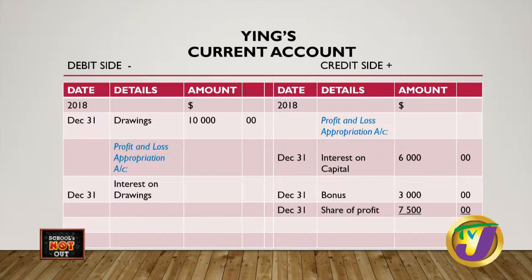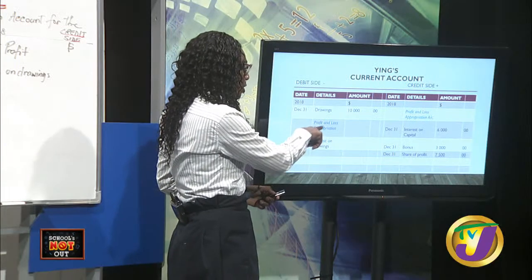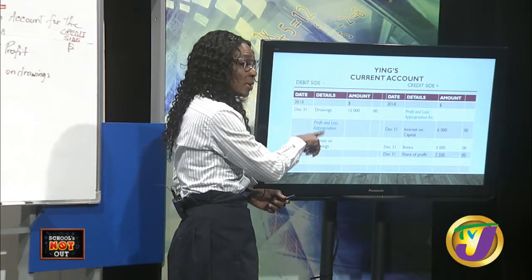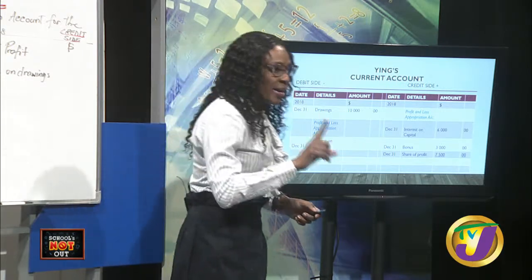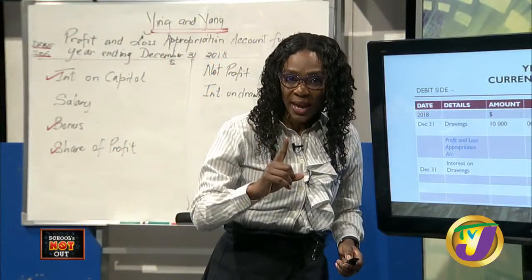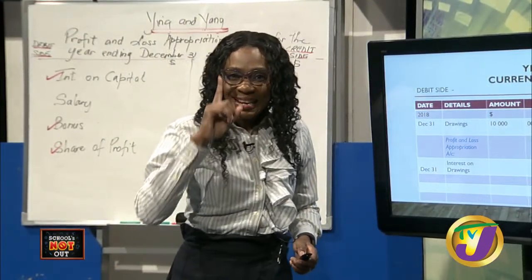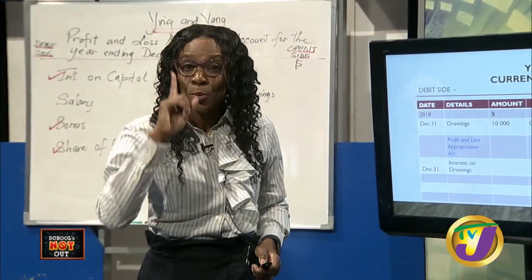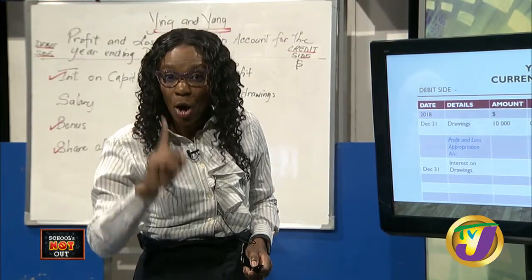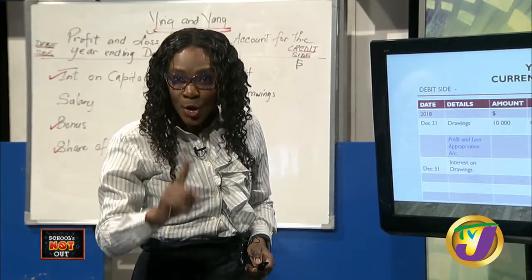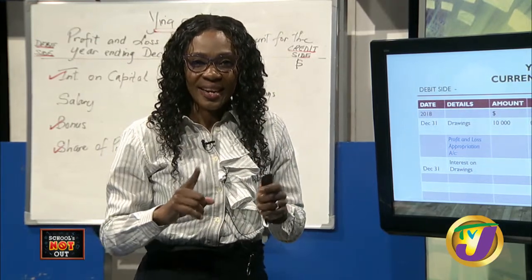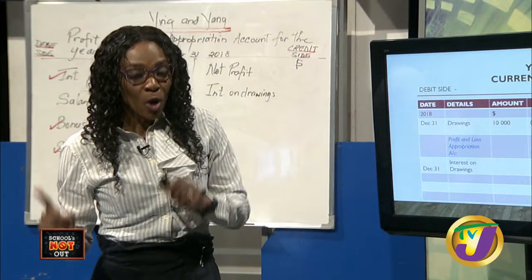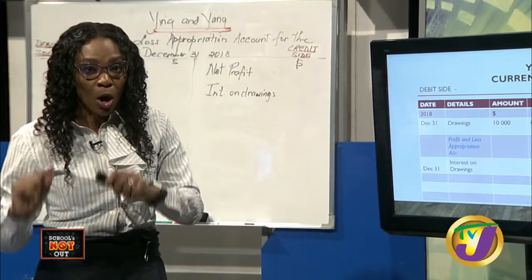Now you notice that I did not list the drawings under the profit and loss appropriation account area. Reason being, drawings by principal, students, is not listed in the profit and loss appropriation account. Again, drawings by principal is not listed in the profit and loss appropriation account.